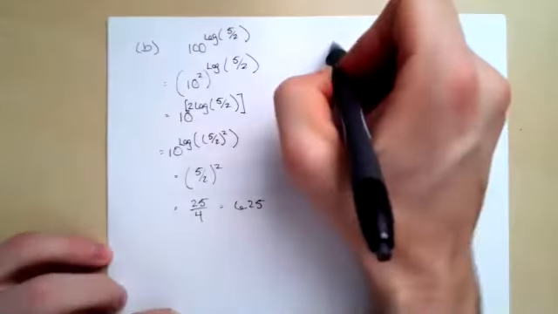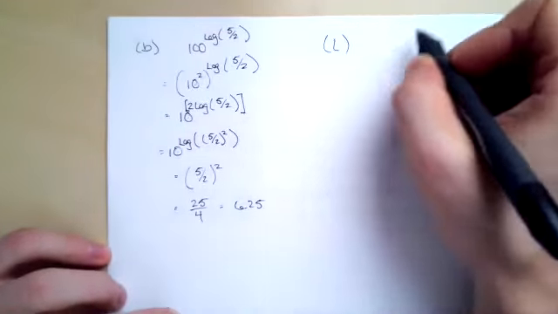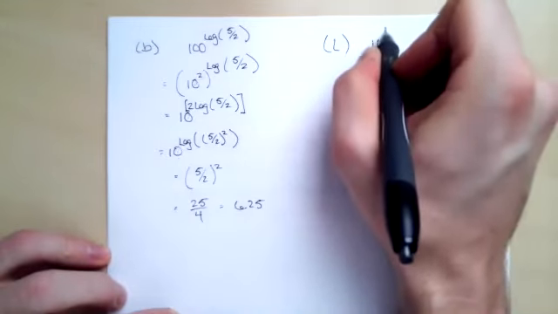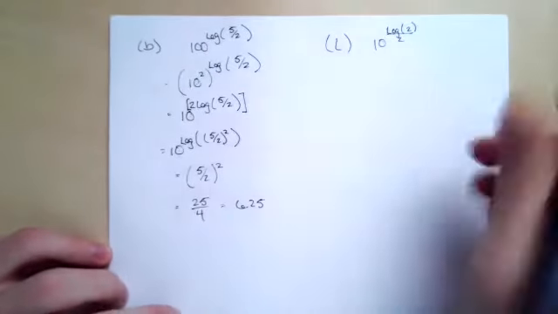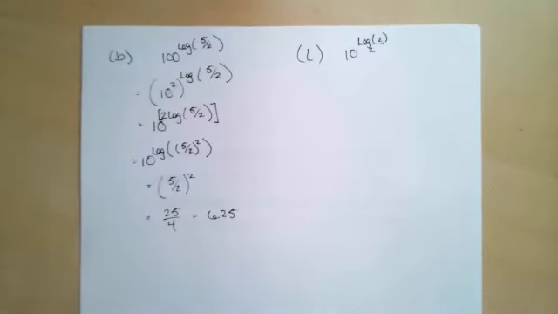Let's do one more. Let's do L. L has 10 to the log of 2 divided by 2. So similar things we're looking for. We want the bases to be the same and no other multiplication or other operations that are getting in the way of the log and the exponential working directly next to each other.